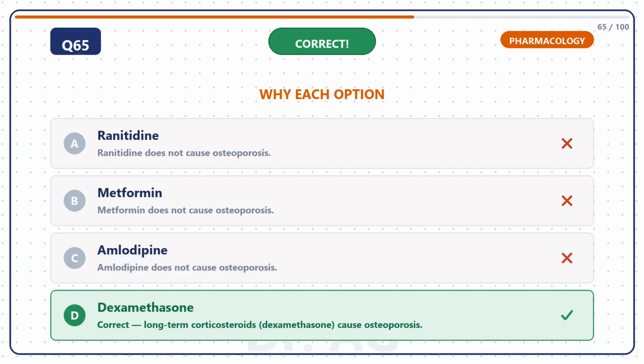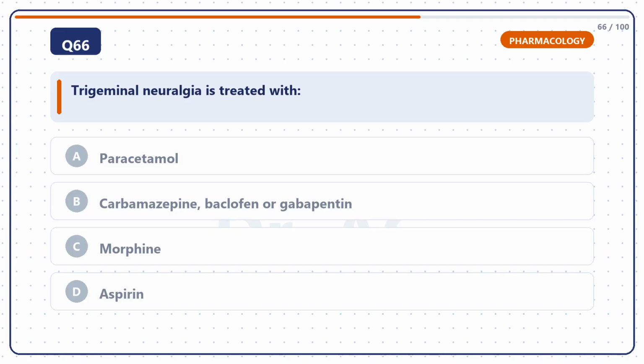And the correct answer is dexamethasone. Correct. Long-term corticosteroids, dexamethasone, cause osteoporosis. So, the right answer is option D. Dexamethasone.